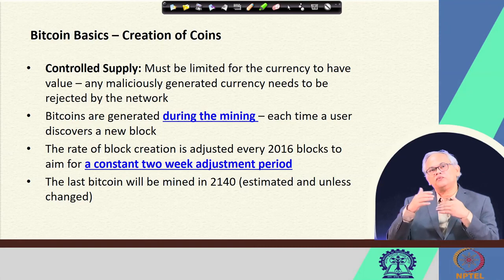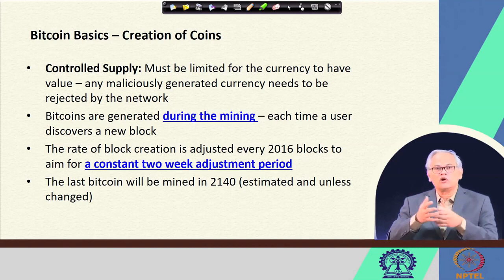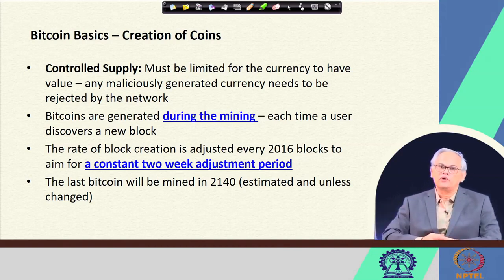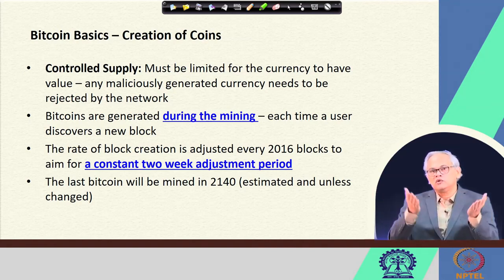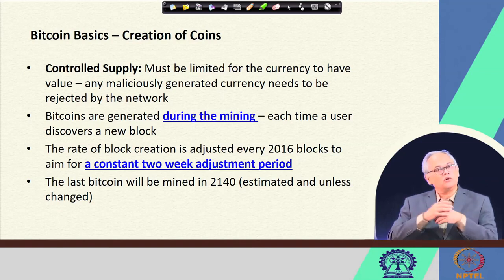If 10 minutes was the setting for the average time for creation of a new block, now with more powerful hardware you should be able to solve the puzzle very quickly. Very quickly you will be able to generate the new nonce so that the requirement for the number of leading zeros would be satisfied.